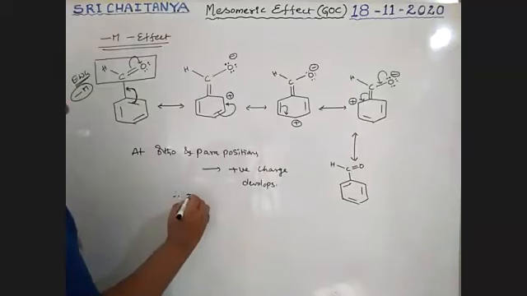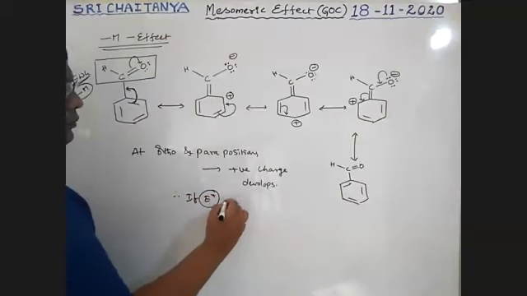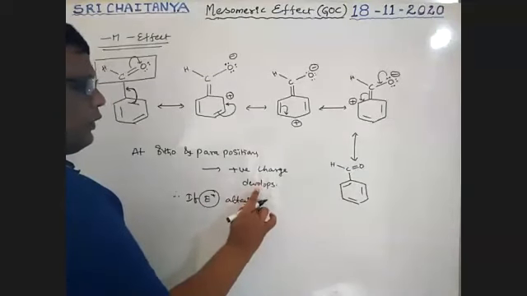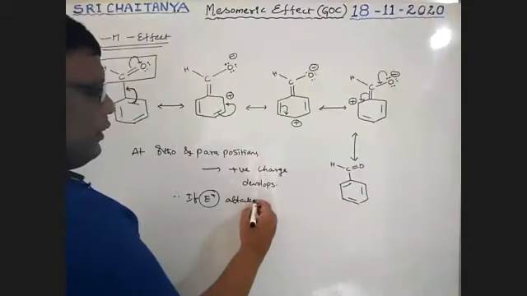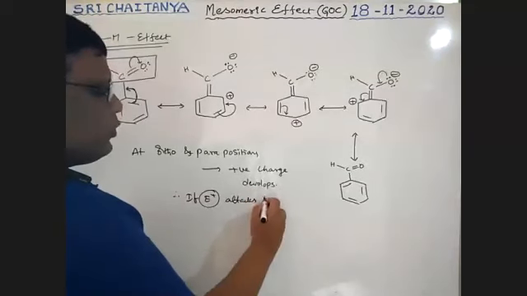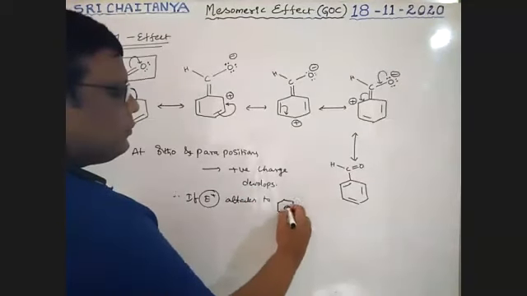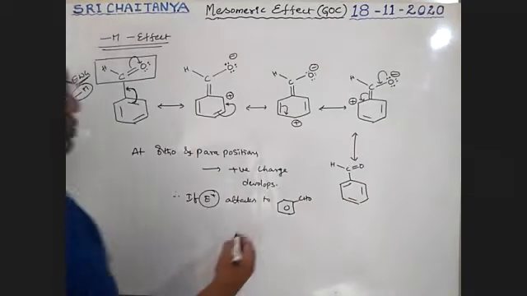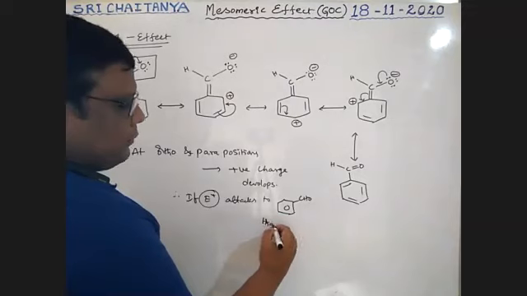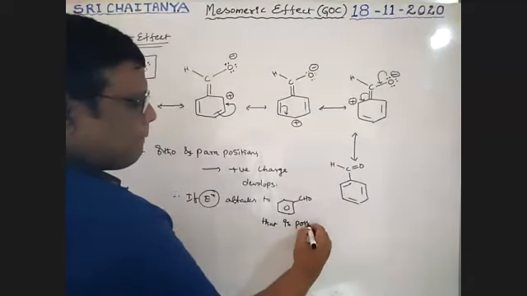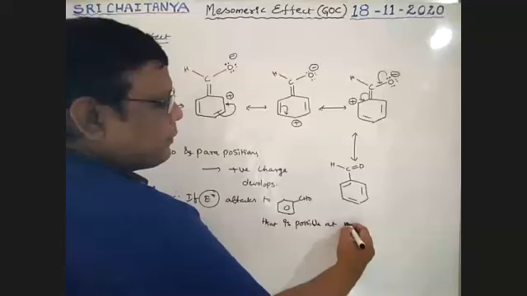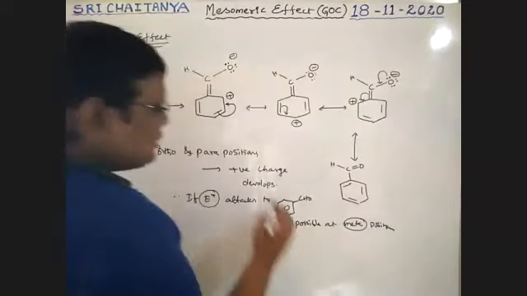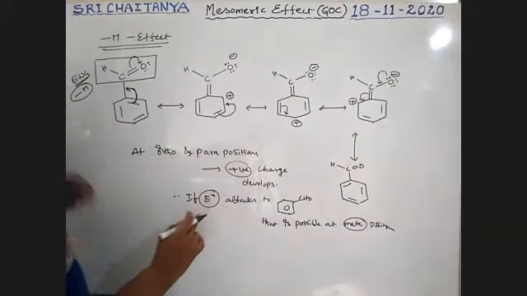Therefore, if an electrophile attacks benzaldehyde, that is possible at the meta position, because of the positive charge, boys.